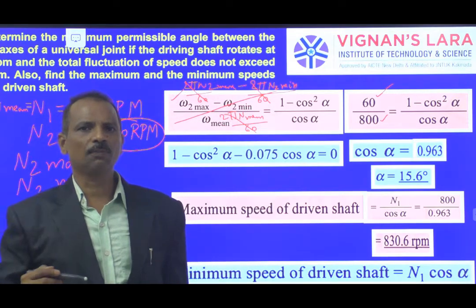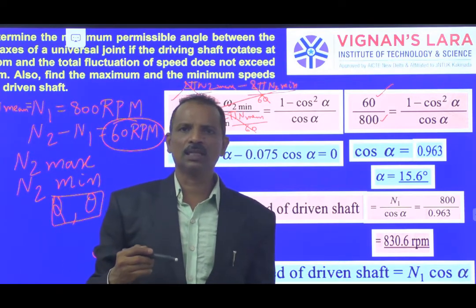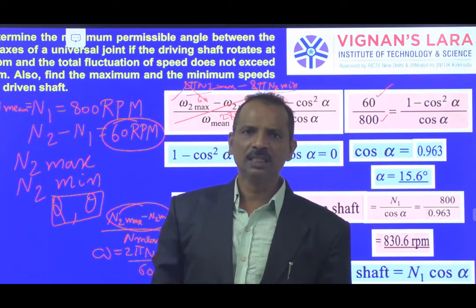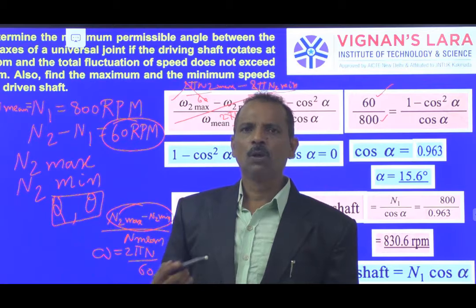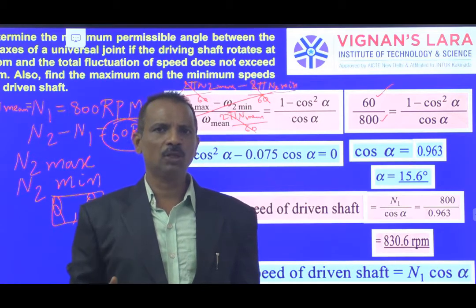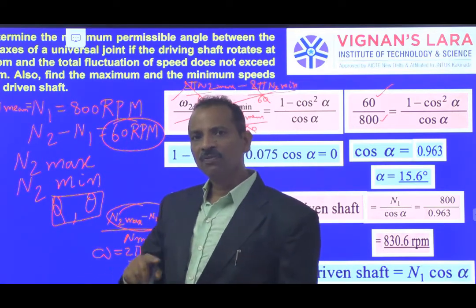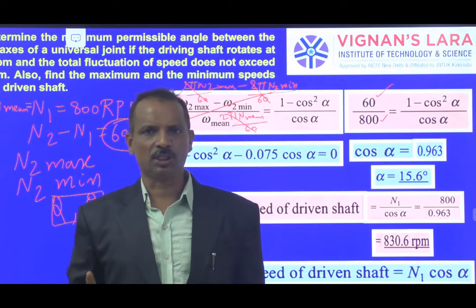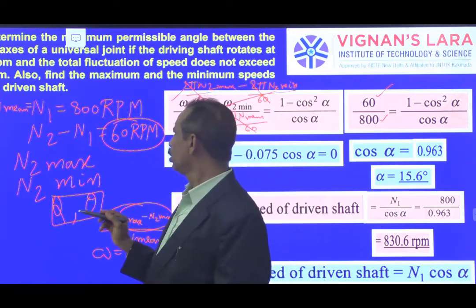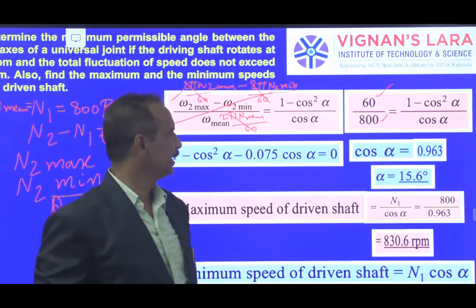We already discussed in the previous lecture that the variation will take place in the output shaft speed within the cycle, but both the driver shaft and the driven shaft will complete one revolution at the same time. Only within the cycle there will be variation. That is why the mean speed will always become the input shaft speed, that is 800.